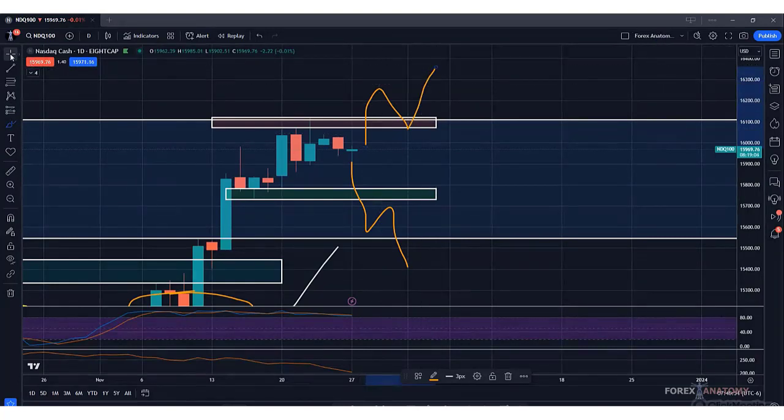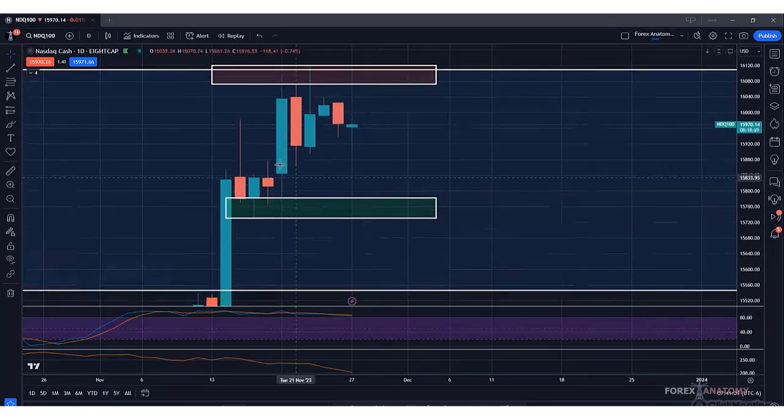Because what we see on the weekly chart is that we still have room to go on that bullish flag pattern. We still haven't reached that target yet. So our bias is still to the upside. So we're going to look for opportunities to buy primarily. But for the most part, we do see this range bound activity.